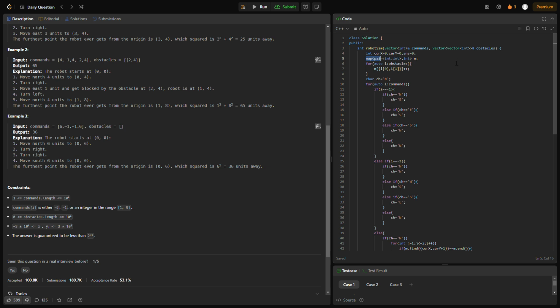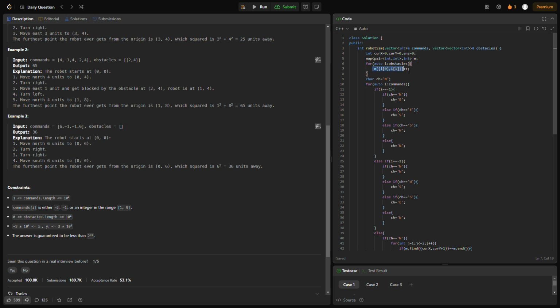These x and y coordinates are basically the obstacles. Why? Because I wanted to find whether the current position on which we are is an obstacle or not in log of n time. I didn't want it to iterate over all the obstacles again in order to find whether the current position on which I am is an obstacle or not. That is why I took it in the map, so that I have log of n complexity here.